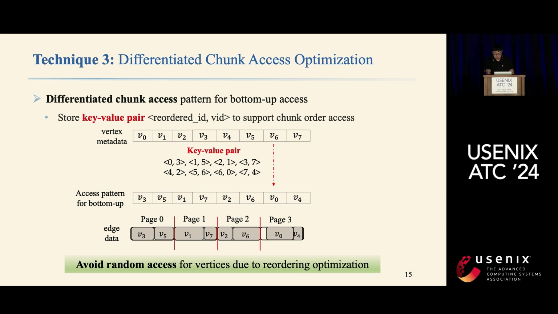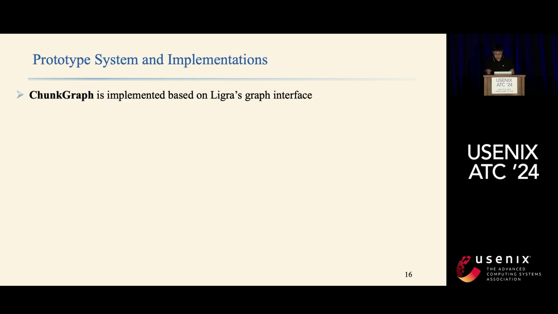Therefore, for the bottom-up pattern, we maintain a key-value pair to record the mapping between the reordering ID and the original ID, so that we can access the edge state according to the actual vertex order in the chunk. That avoids random vertex access due to the reordered layout.